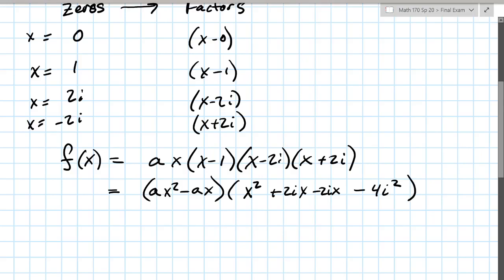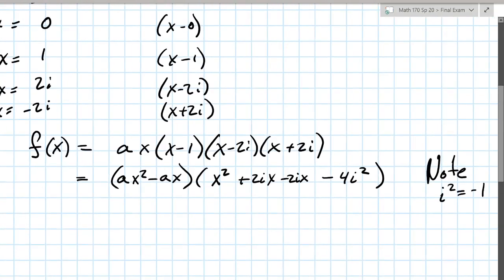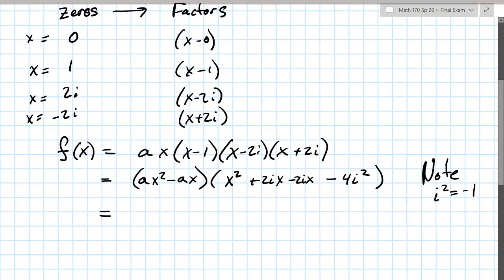What we want to remember is that i squared is negative 1, so we'll make that substitution in a minute here. Now I'm going to notice these two terms cancel each other out, and that's going to give me a positive 4 there.